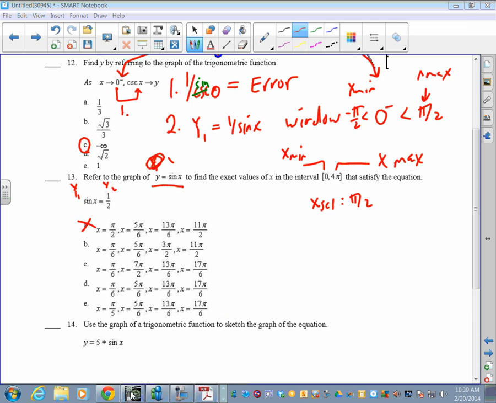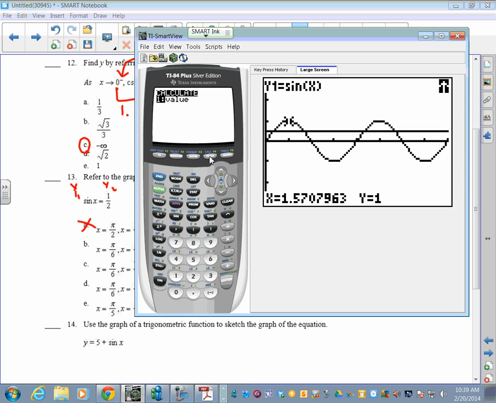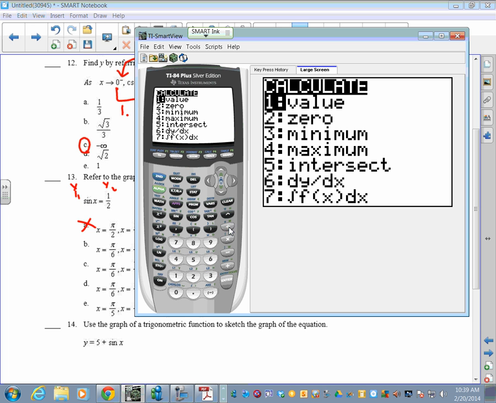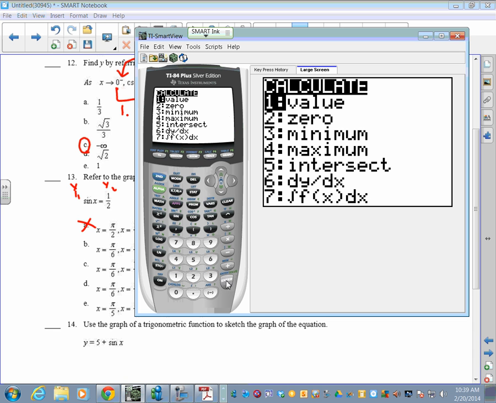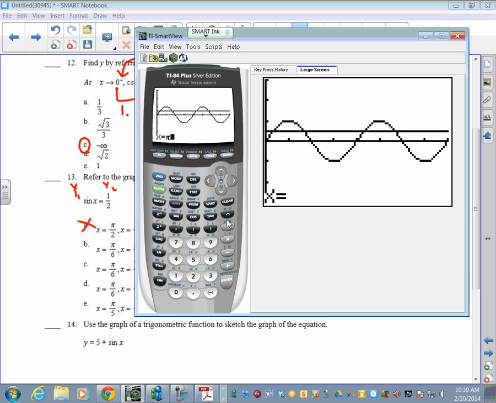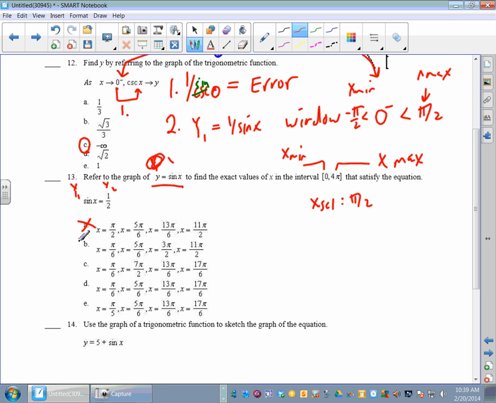Second, check pi over 6. Second, calculate value pi divided by 6. You see it equals 0.5? So it's going to be one of these three.